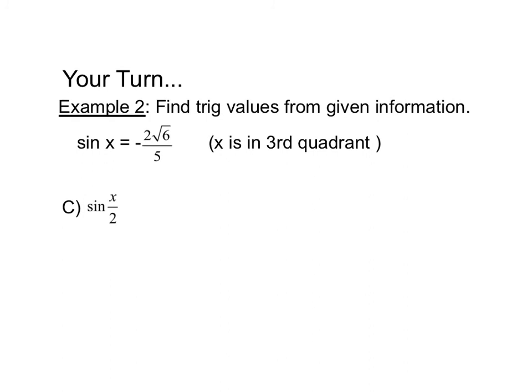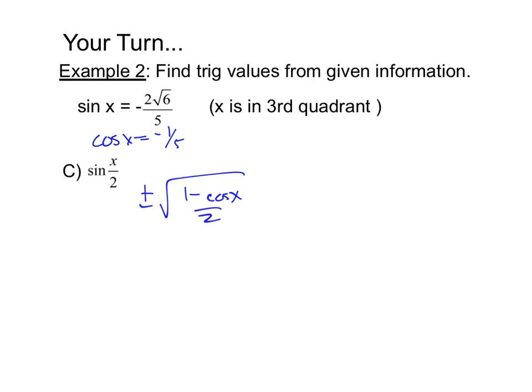All right, so here, sine of x over 2. Remember, your cosine of x is negative 1/5. So sine is plus or minus the square root of 1 minus cosine of x over 2. Substitute that in. Realize I want the negative: 1 minus negative 1/5 all over 2.